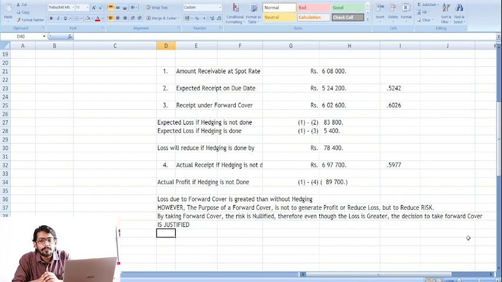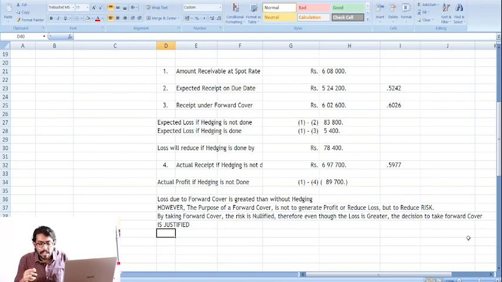Understood? Forward cover is our good bro, is our chunk bro. You cannot disown forward cover. Even though the loss is greater, the objective of forward cover is to reduce risk, which has been attained. Therefore, it is justified.